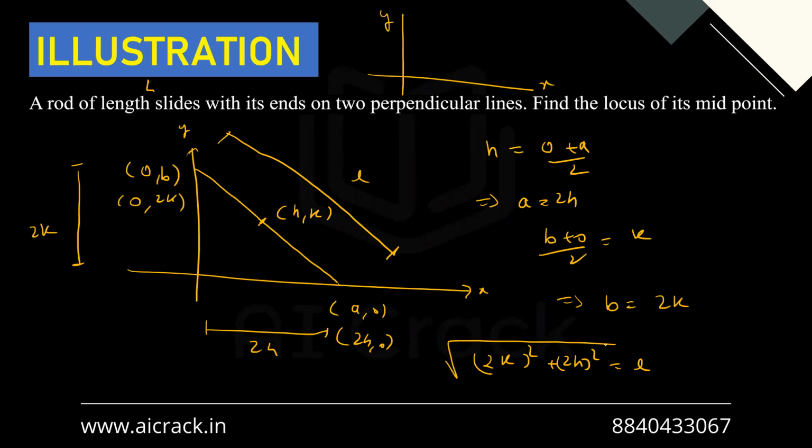So basically under root of this equals L. So this is our final equation. And now replace k with y and h with x. So (2y) whole square plus (2x) whole square equals L square. So this is the equation of our locus. So we started with h and k, we used the basic conditions, then we applied the geometrical condition.